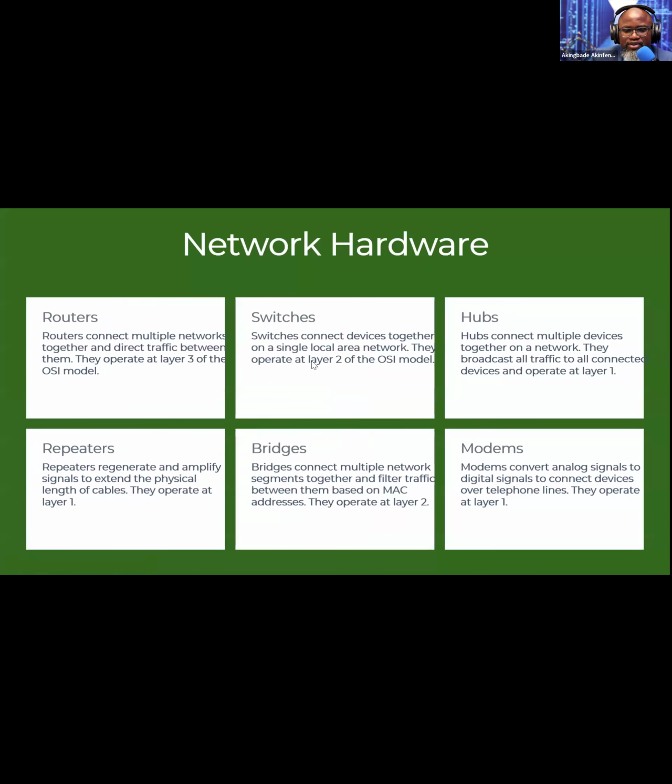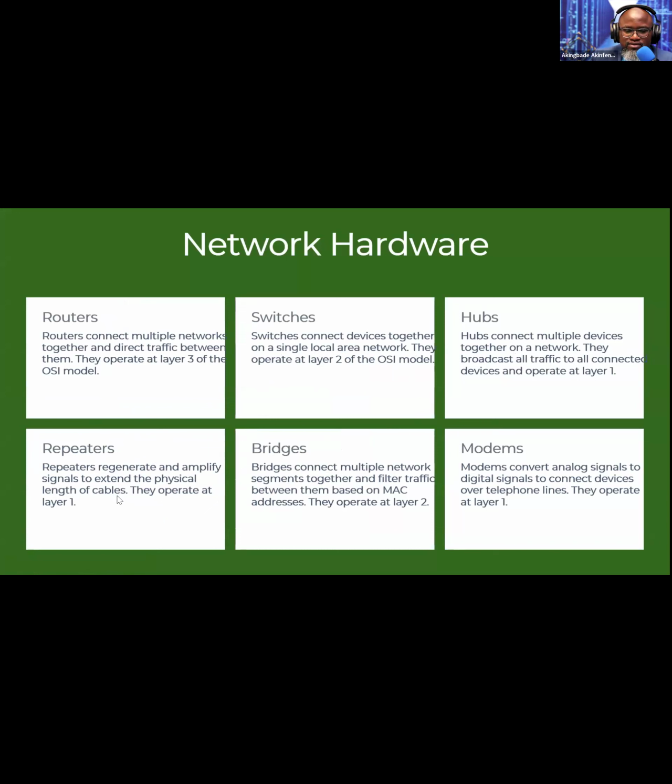Okay. Again, I'm repeating some of this because this is focused on routers, switches, hubs, repeaters, bridges, modems. The router connects multiple networks together and directs traffic between them. Switches connect devices together on a single local network. Hubs connect multiple devices together on a network.